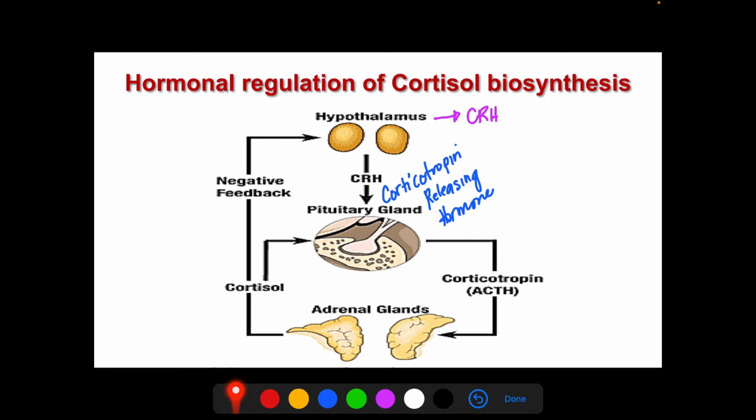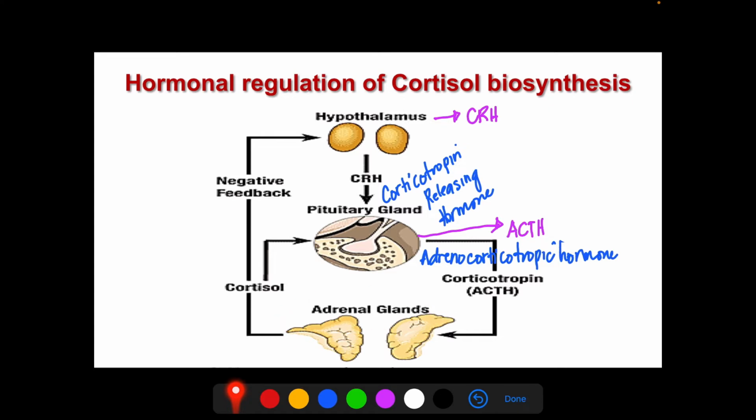Your pituitary gland produces the ACTH, the adrenocorticotropic hormone. And lastly, you have your adrenal glands.